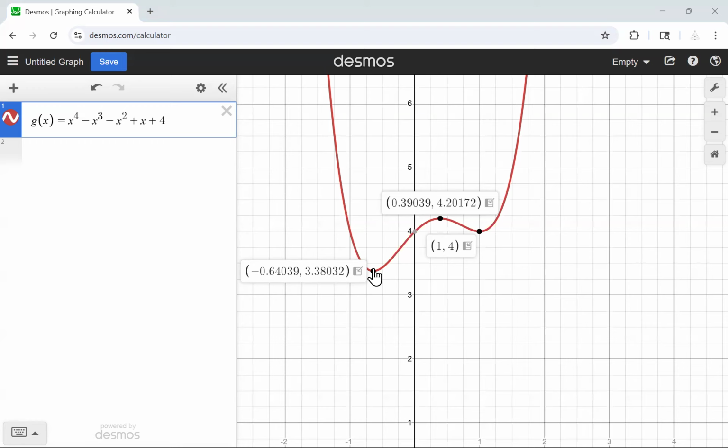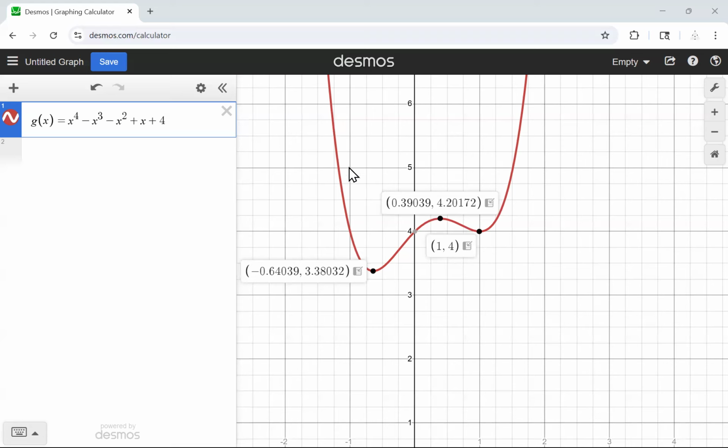That's obviously lower than 1, comma 4. And it's lower than every other point as well. So the absolute minimum point is just that one, negative 0.64, comma 3.38.